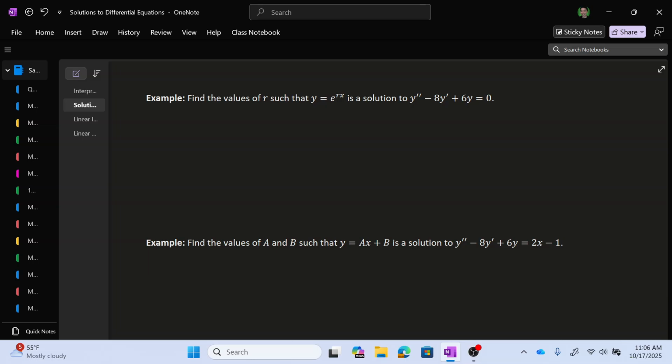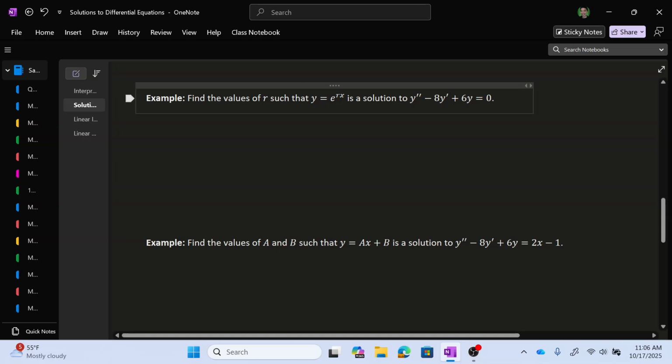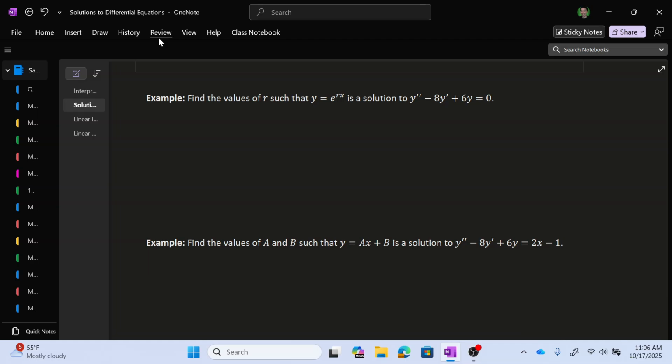So our task in the later lessons of this class will just be to figure out exactly what value of r I should have here in the exponential to make this template into an honest actual solution to this differential equation. To determine that value of r, all I'm going to do is take this template for the solution and plug it into the differential equation and try and solve for the value of r that makes the differential equation satisfied.